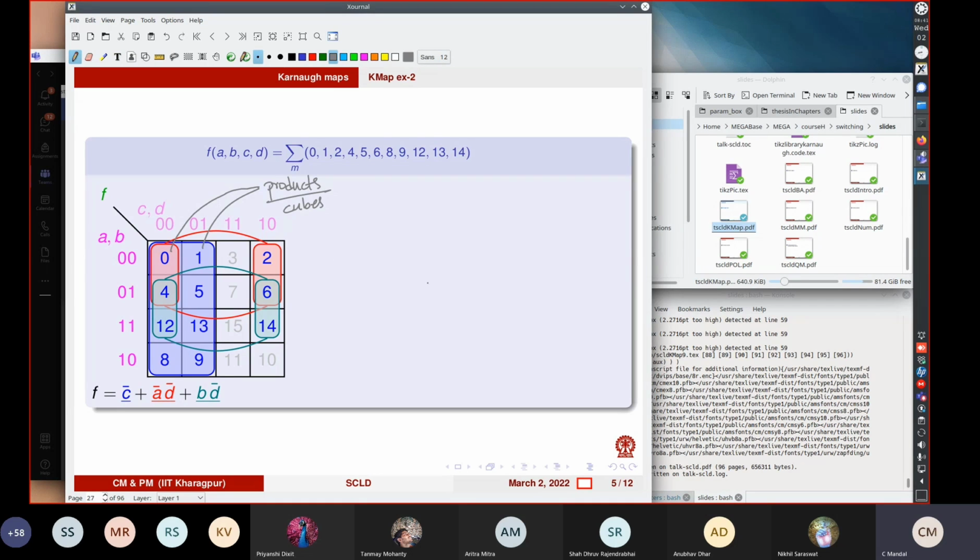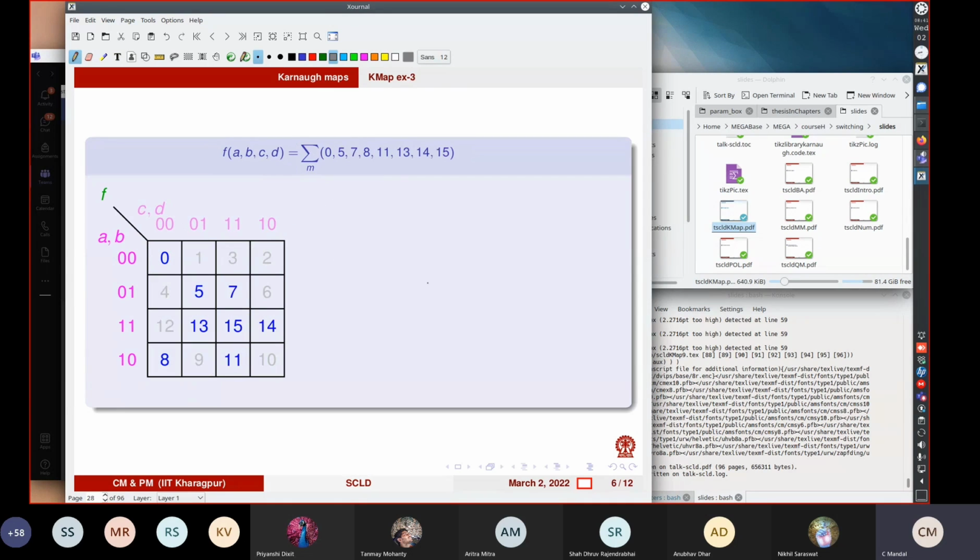All right. So now this is another example. Anyway, you can just try this out. This is another example. Let me see. I hope I will not miss out.